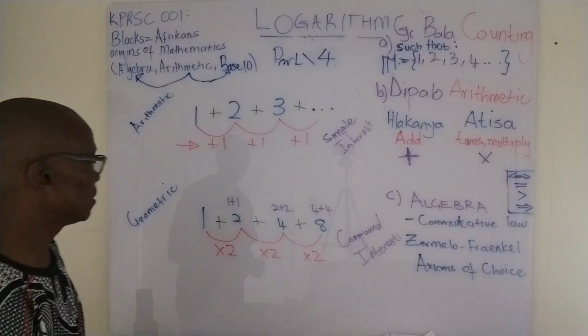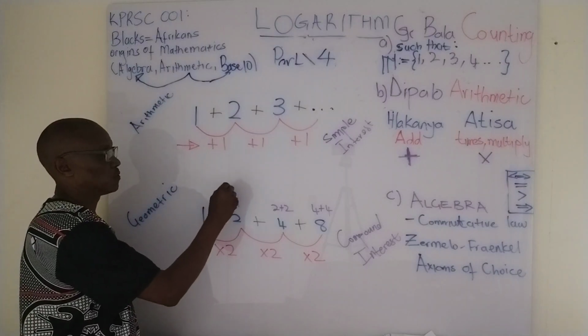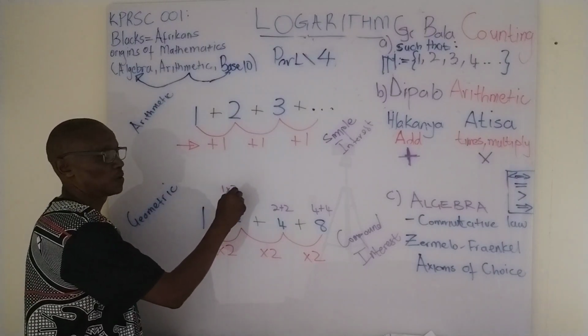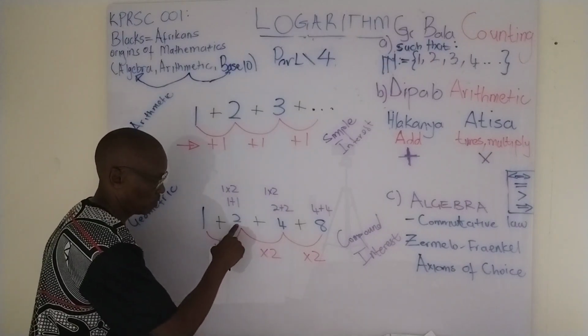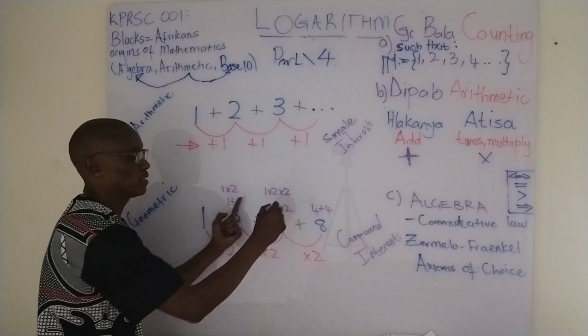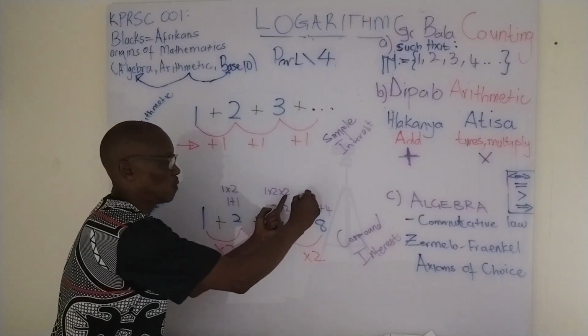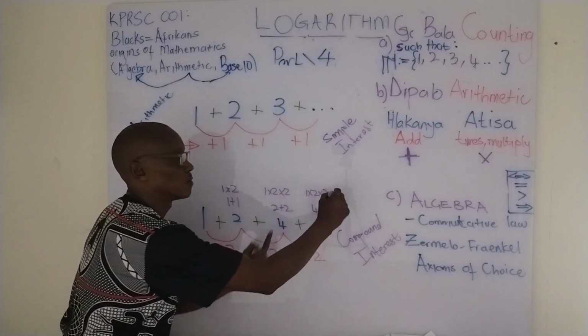But I can also write this as, because I was multiplying by 2, this is 1 times 2. And then I say 1 times 2, which means this, times 2. And then I say this, 1 times 2 times 2 times 2.